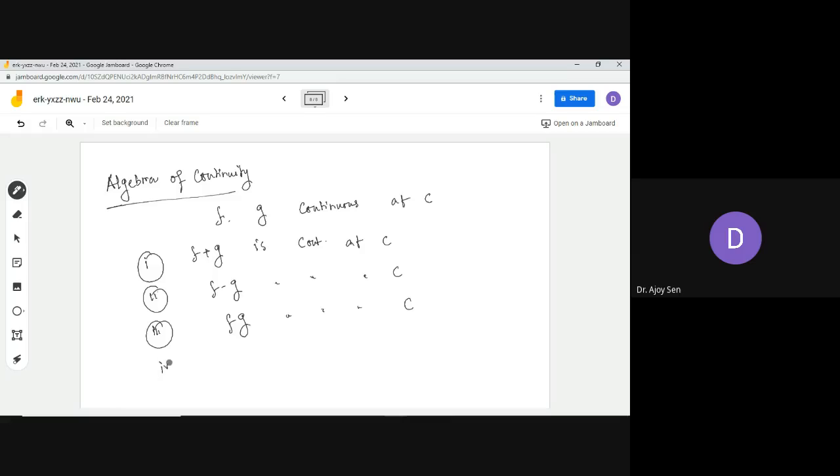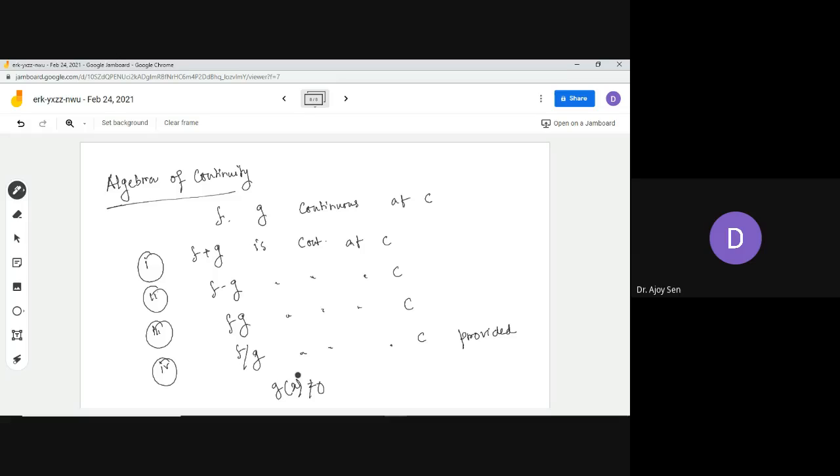And number four, f by g is continuous at c, provided g of x is non-zero. It's not the zero function, or it's not zero at any point of its domain. So if the function g satisfies this, then in this case f by g is a continuous function.